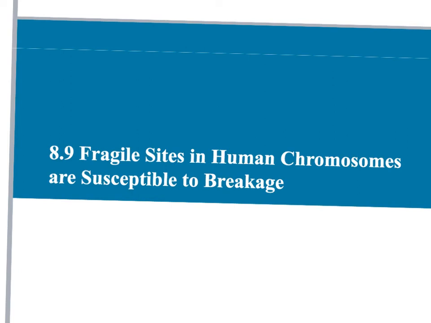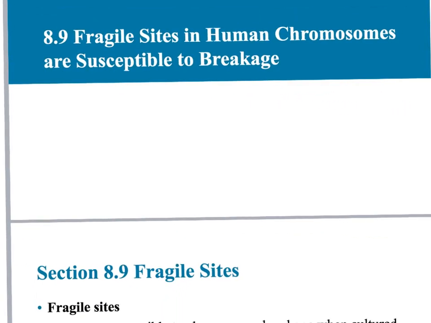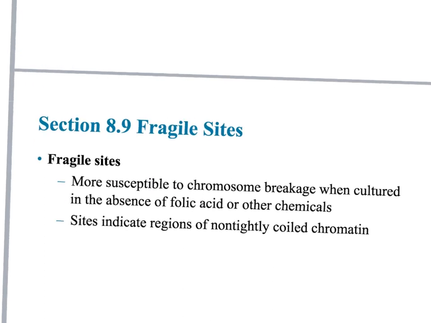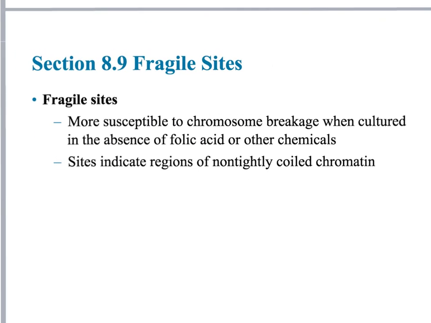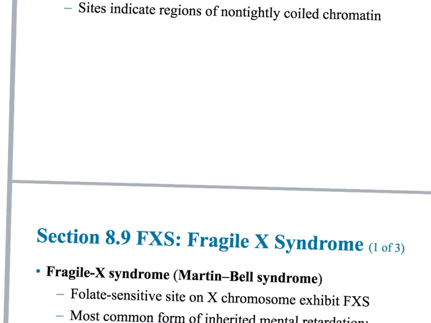Consequently, a consequence of that breakage is the deletions, duplications, translocations, all the things we just looked at, and they're all due to these fragile sites. So, again, a fragile site by definition is a particular site on the chromosome that is susceptible to breakage when cultured in the absence of folic acid or other chemicals. The sites indicate regions of non-tightly coiled chromatin.